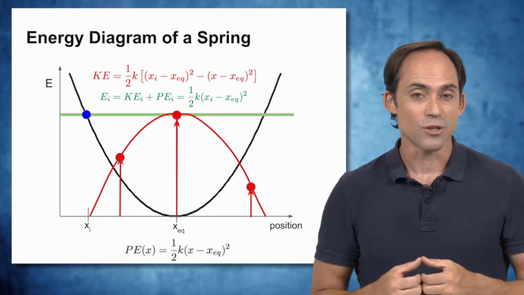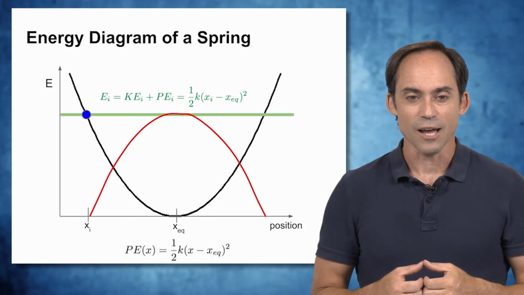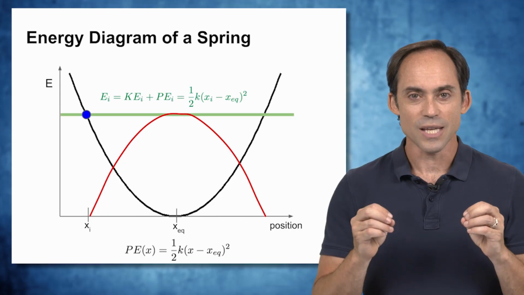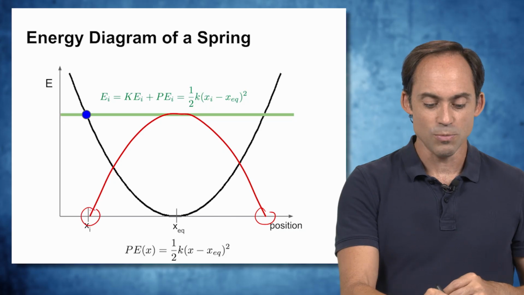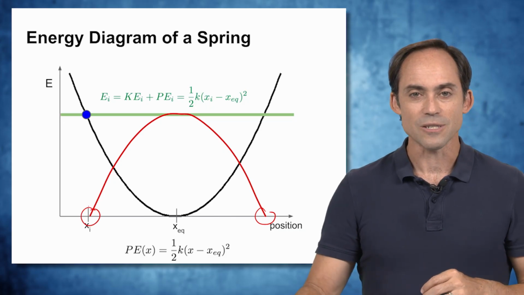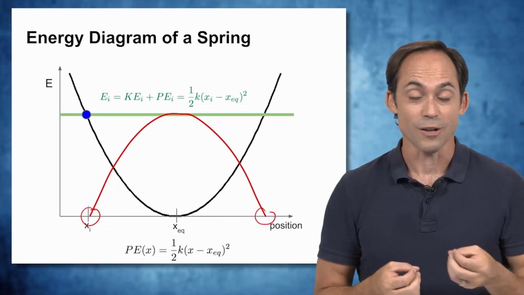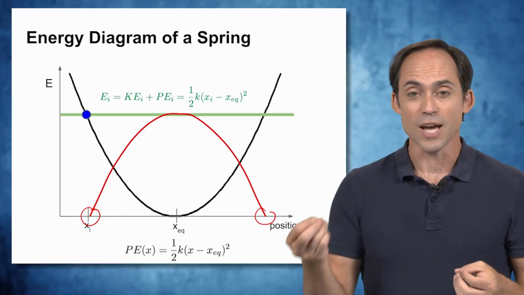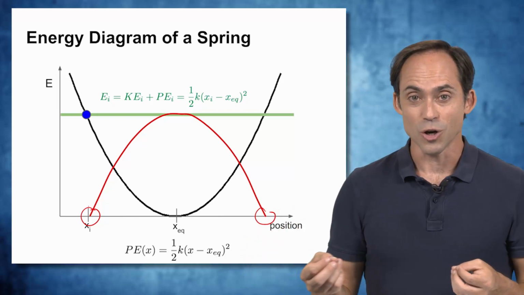Now there's a few things we can start to notice about this plot. For example, when I look at where our kinetic energy lies, you can see that at the bottom this kinetic energy disappears at 2 positions along our x-axis. The initial position, of course, is our initial starting position where we started it from rest. But of course the other side is the maximum stretch in the other direction, right, as far as it can go.